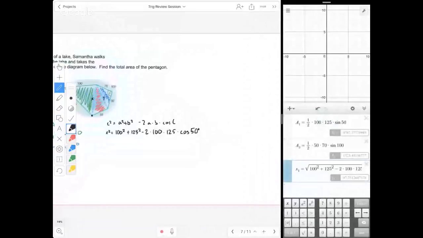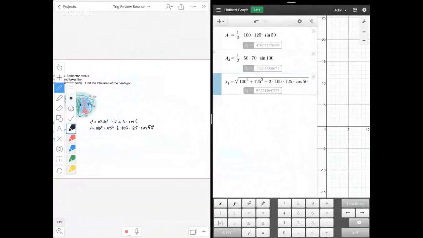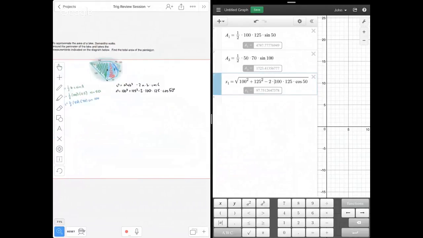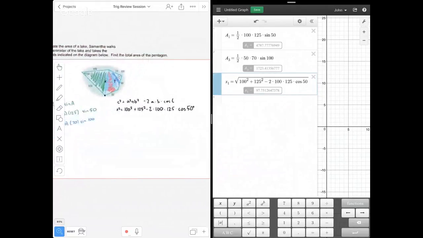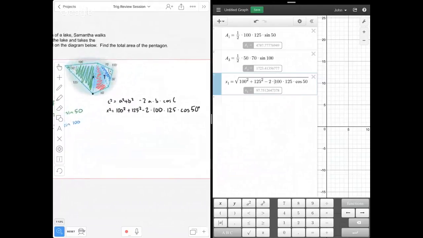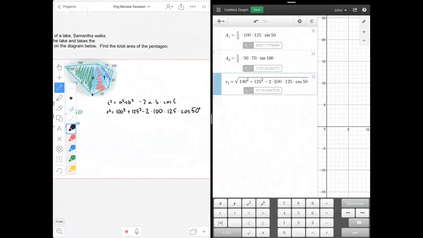I need a little more space here. There we go. So x looks like 97.75 feet. That looks pretty nice. X equals 97.75 feet.